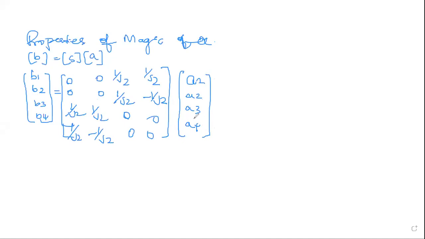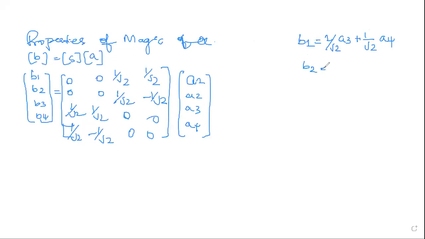From this equation, write down the equations for B1, B2, B3. If you split the equation, what is B1 from the matrix? B1 is 1 by root 2 A3 plus 1 by root 2 A4.